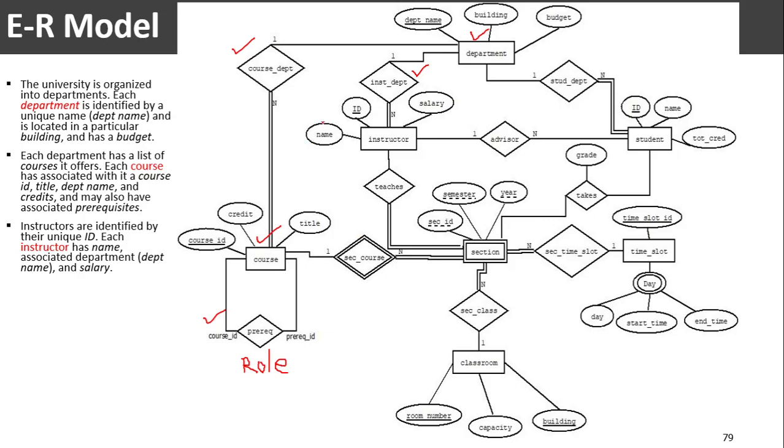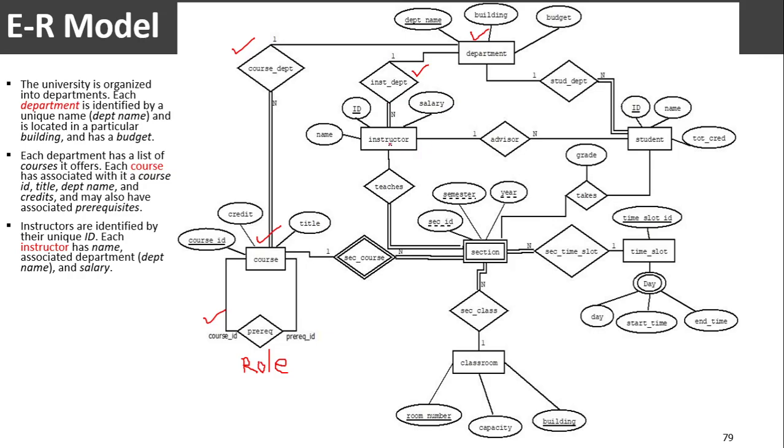Now once again look at the cardinality for this relationship set instructor department. So from instructor to department it is many to one. What does this mean, many to one? This means that one department is having many instructors, but one instructor is working as the instructor in at the most one department.